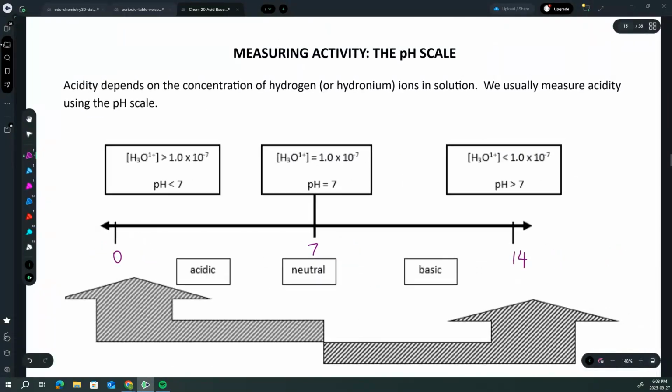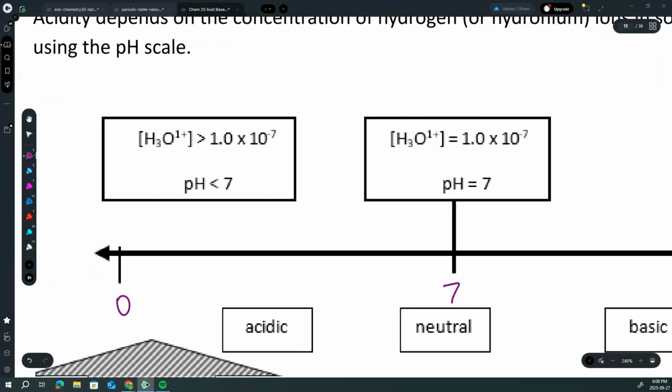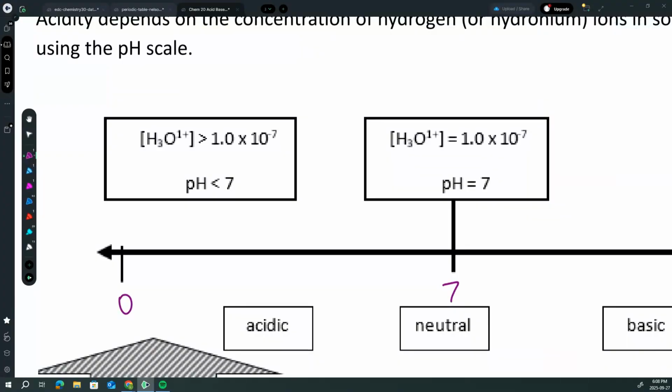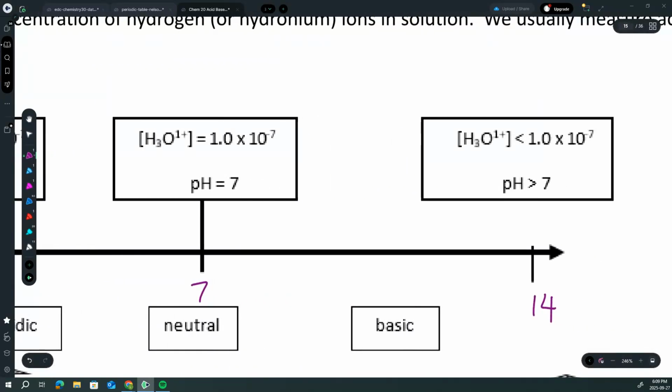So pH also correlates to the concentration of hydronium ions. If you have a solution that is acidic, it's going to have a hydronium ion concentration that is greater than 1 times 10 to the power of -7. And if you have a basic solution, it will have a hydronium ion concentration that is less than 1 times 10 to the power of -7.